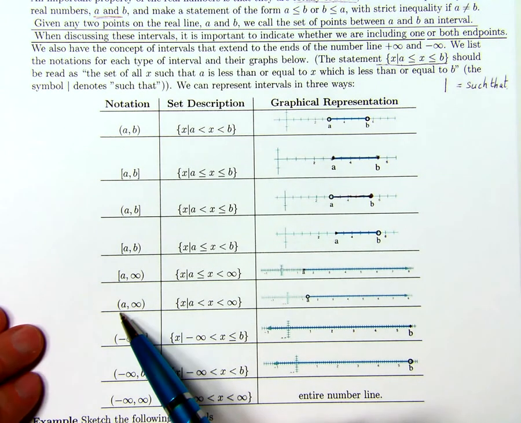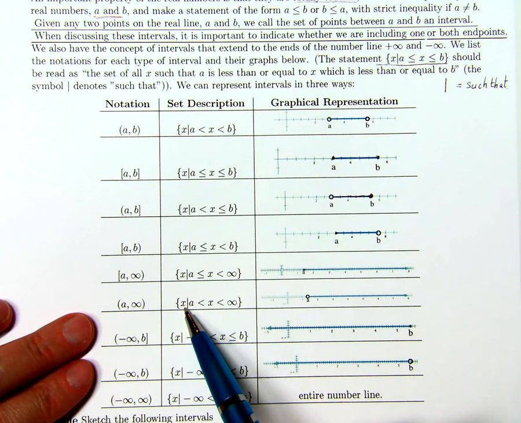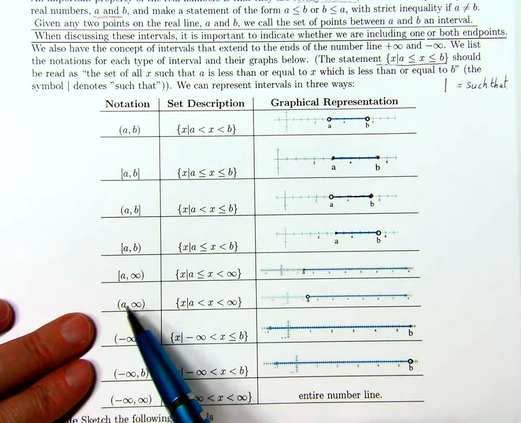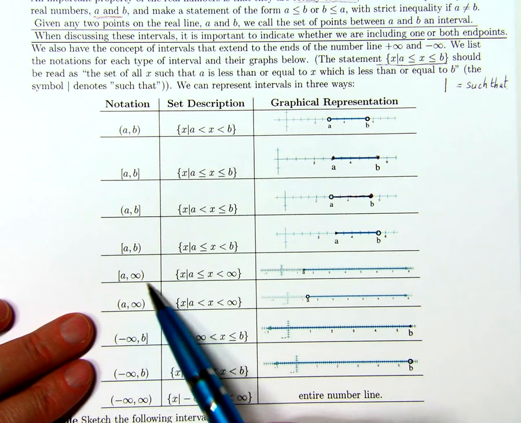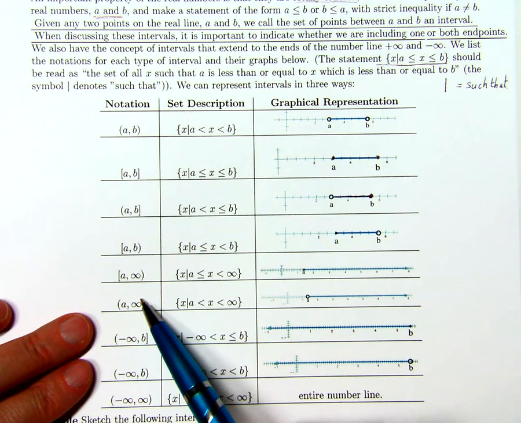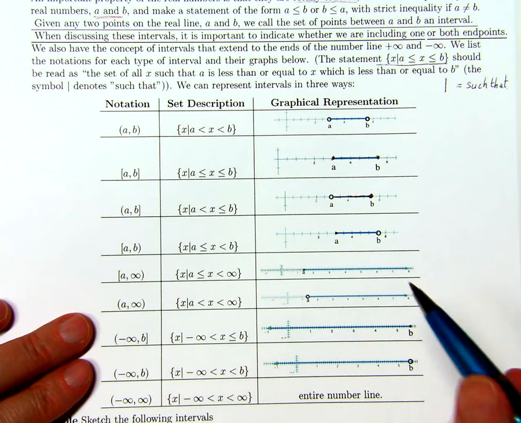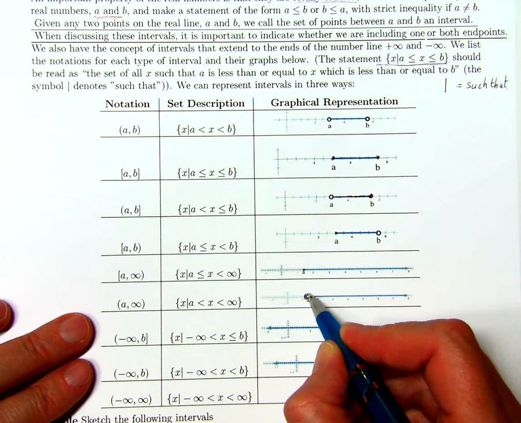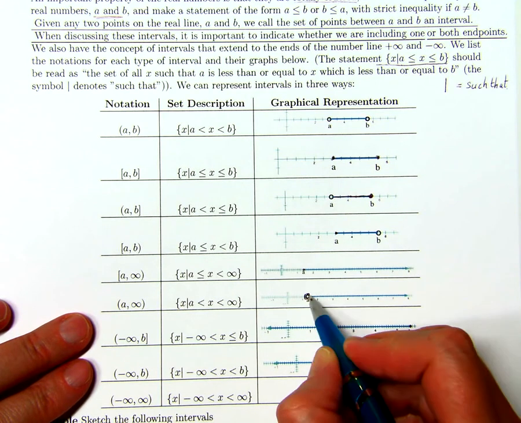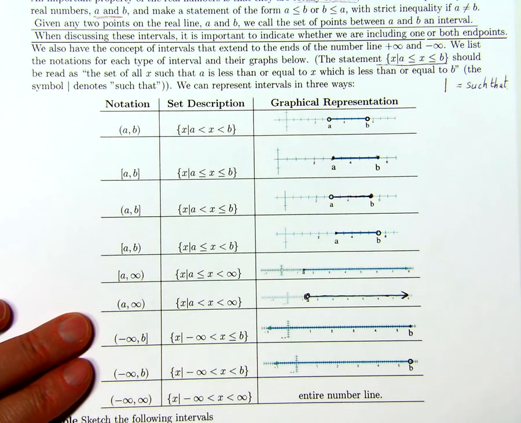So for example, if I want to describe the interval which is all real numbers which are greater than A, the set of all x so that x is greater than A, then in interval notation, that's the set of all points between A and infinity, and certainly not including infinity, and in this case not including A. And on our number line we put a hollow circle at A, and then we shade the line and we put an arrow at the end of the shading indicating that this shading goes on forever.